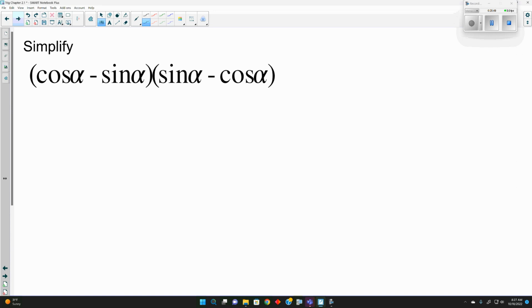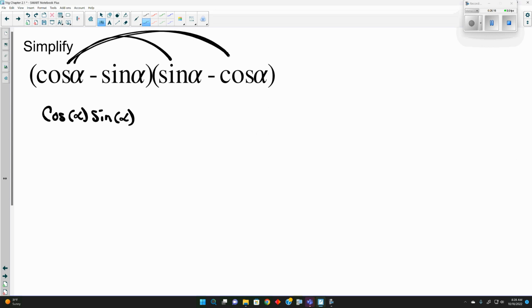Simplify. So we're wanting to just multiply this out. We want to just distribute this out and simplify it if we can. So we're going to distribute. Cosine of alpha times sine of alpha is just cosine of alpha sine of alpha.